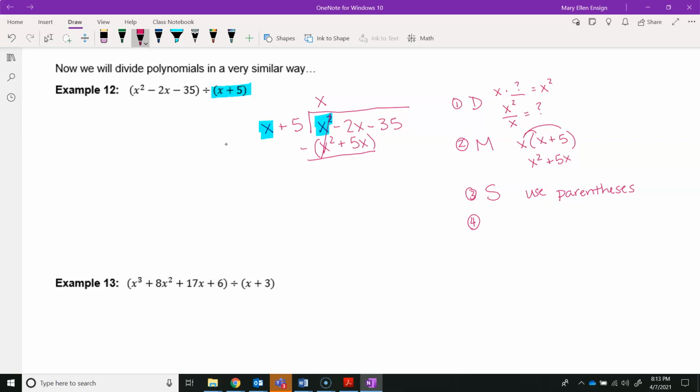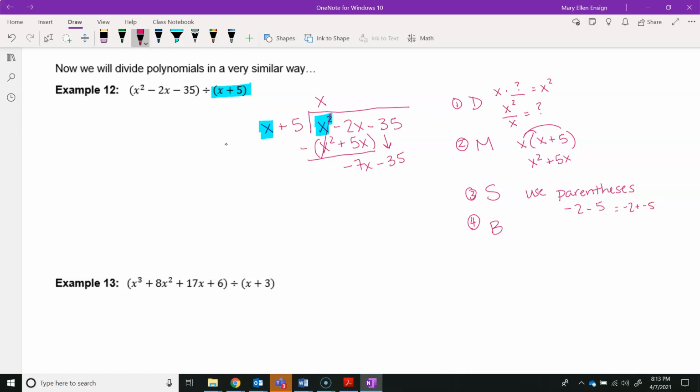Then I move on to the next term. I want to really carefully watch those signs. So I have -2 minus 5. So -2 minus 5, I could write it as -2 plus -5. That's going to be -7. And then finally, I bring down my next term, my -35.